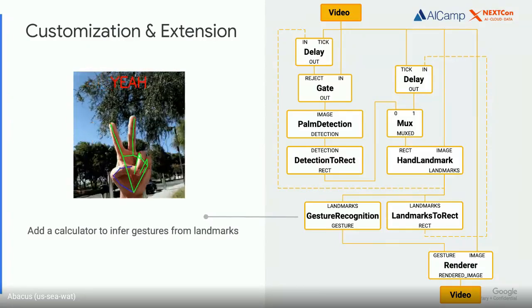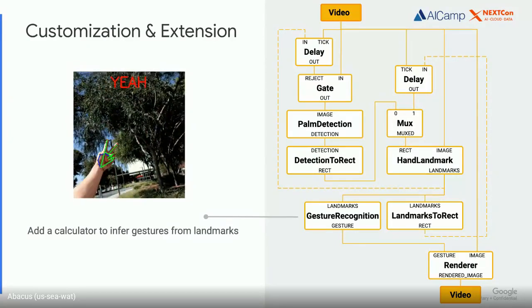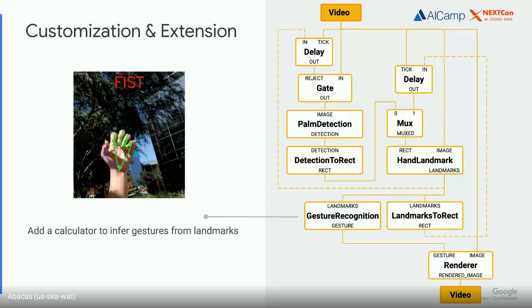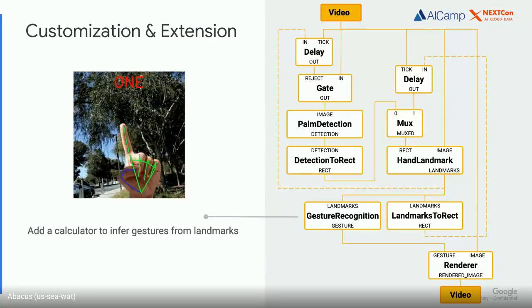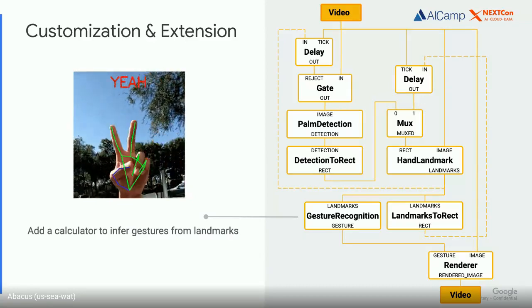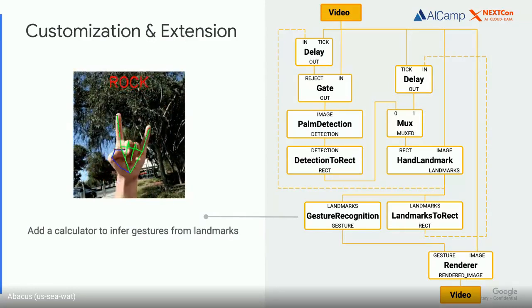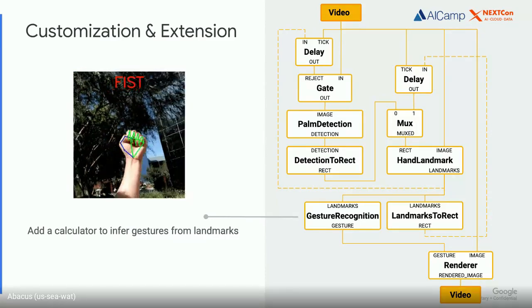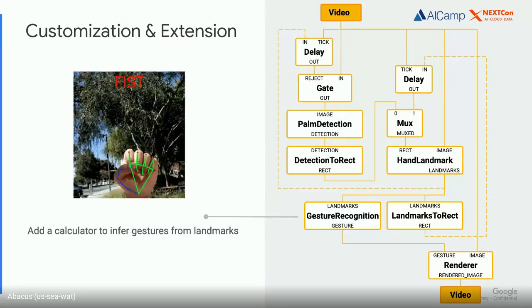Another way to reuse the hand landmarks inference pipeline is to use it as the input to another pipeline. In this case, suppose we take the landmarks, which were the output of the hand landmarks pipeline, and use them as input to a neural network which is going to recognize gestures.